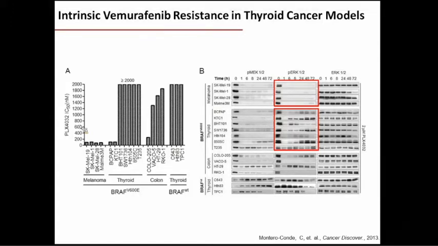And as you can see, whereas melanoma cell lines have a very nice inhibition by vemurafenib with an IC50 of about 100 nanomolar, most thyroid cancer cell lines do not respond at all. Most colorectal cell lines actually don't do very well. And of course, if the tumor does not have a BRAF mutation, they do not respond.